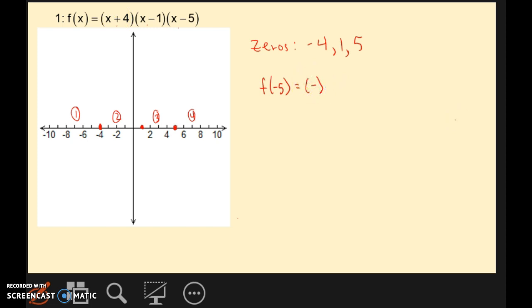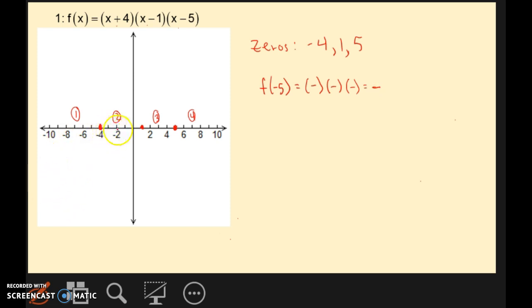When I plug -5 into the next one, I'm going to have -6, so again, another negative number. And when I plug -5 into the last set of parentheses, I'll get another negative number. I don't care about the number so much, but the sign of it. If I take a negative times a negative times a negative, that will end up giving me a negative number. So anything in this region over here should have a negative value.